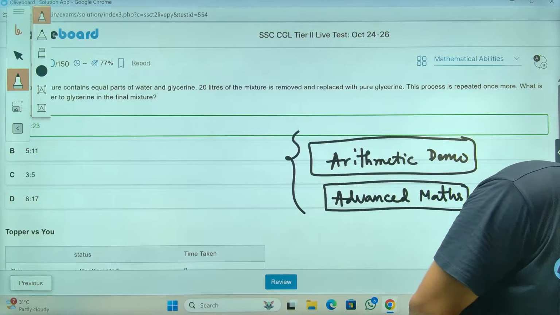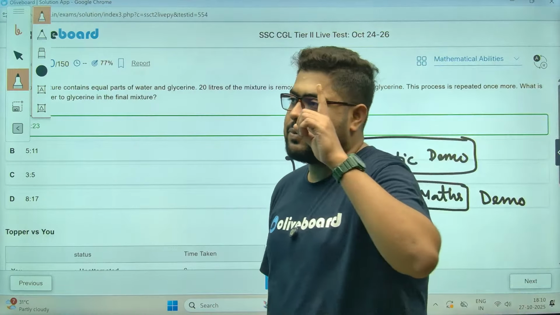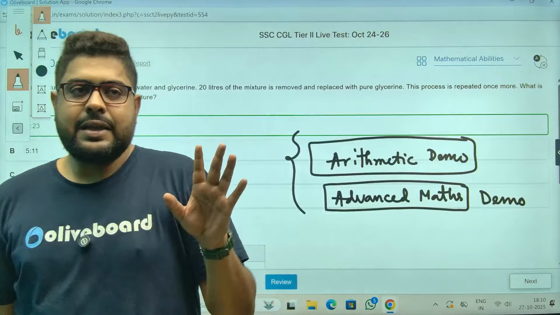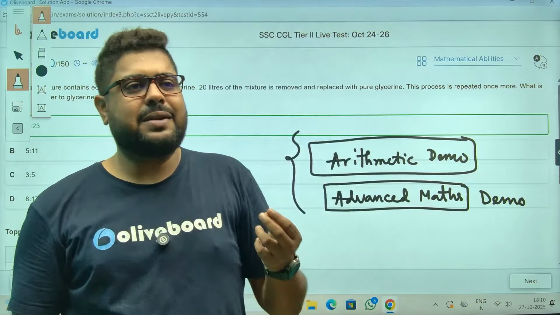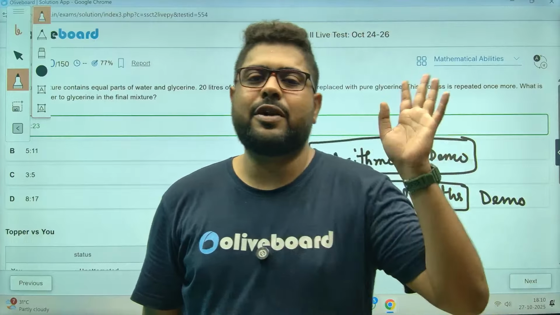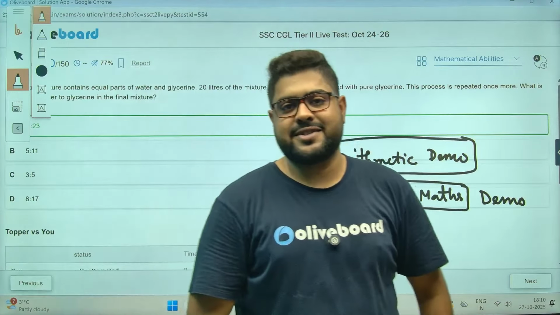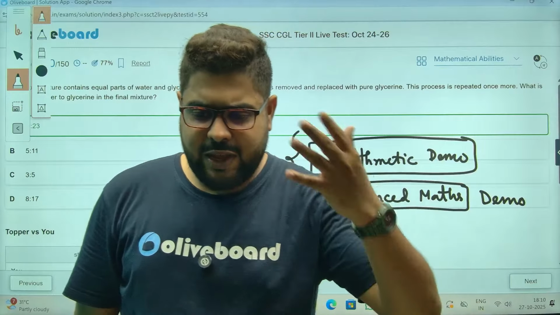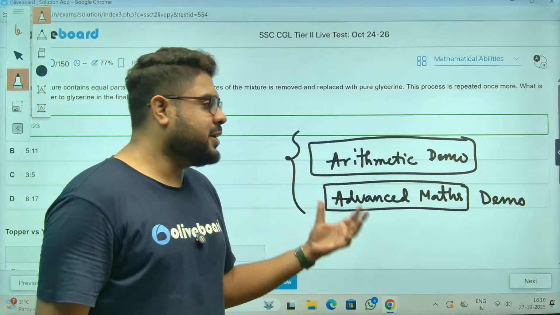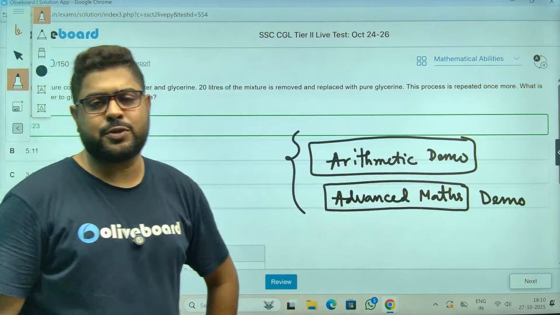Regarding getting 6 questions wrong: for maths and reasoning, you can at most get a couple of questions wrong, including both subjects. That is the accuracy you need, because you are going for tier 2, meaning you already have one foot through the door.